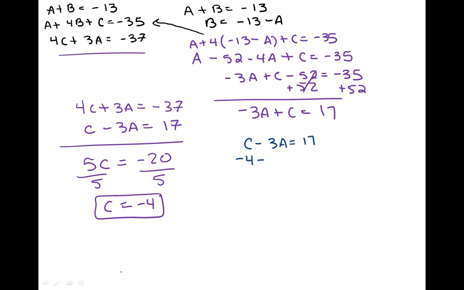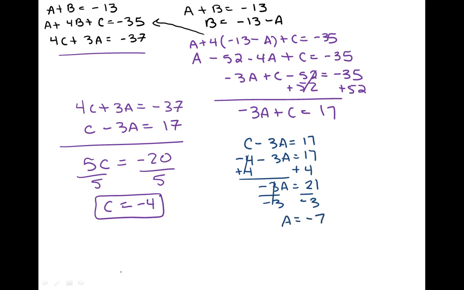Negative 4 minus 3a equals 17. Add 4 to both sides. Negative 3a equals 21. Divide both sides by negative 3. So a is equal to negative 7.